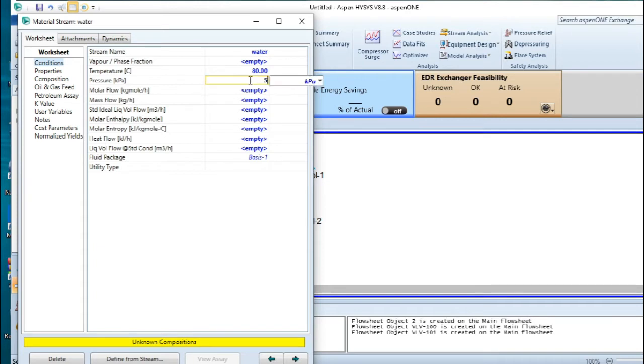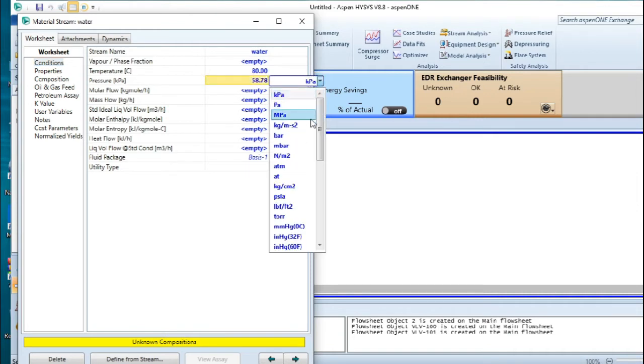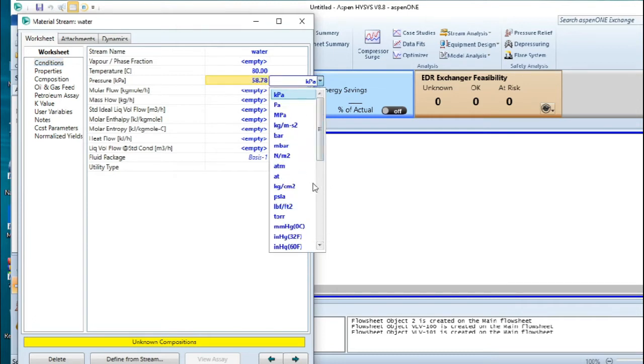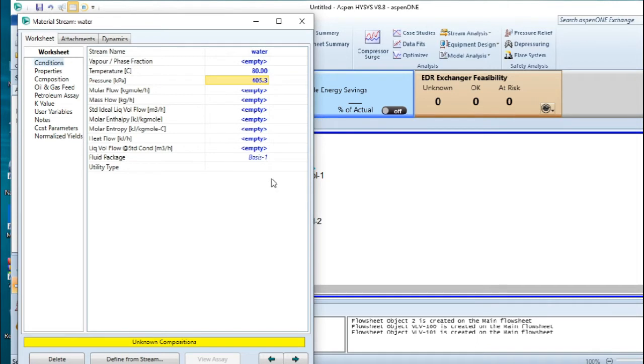Then a molar flow rate of 100 kgmol per hour.